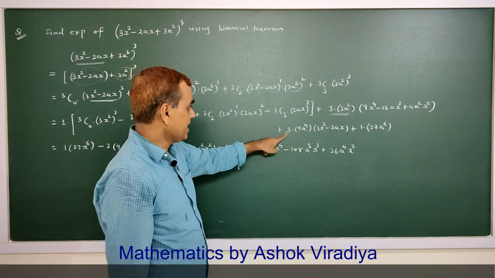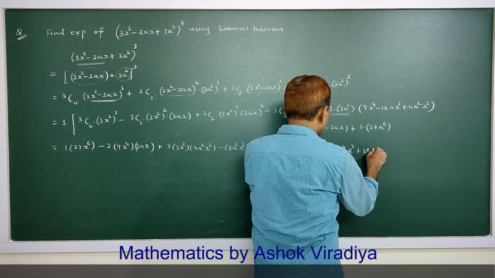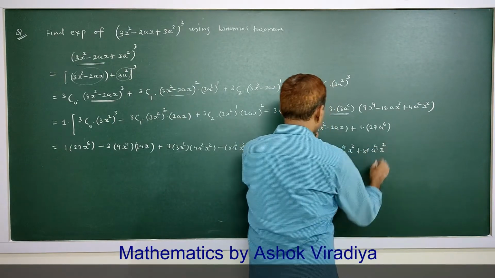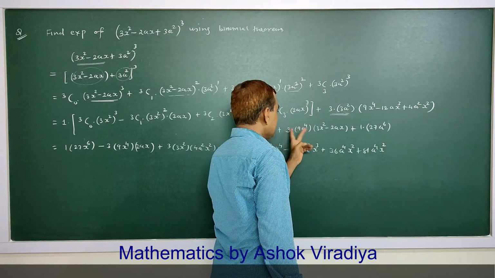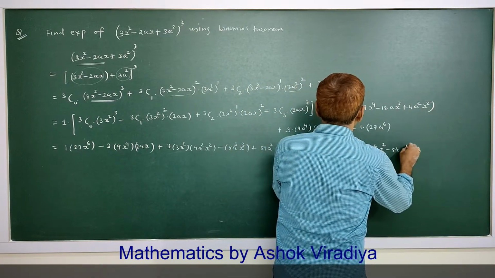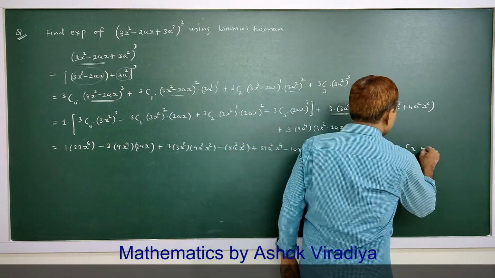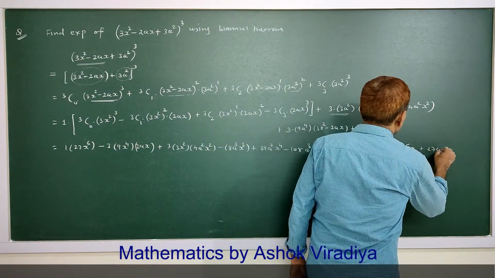Now this is 27a raised to 4, so 27 into 3 is 81a raised to 4 x square, 27 into 2 is minus 54a raised to 5 x plus 27 times a raised to 6.